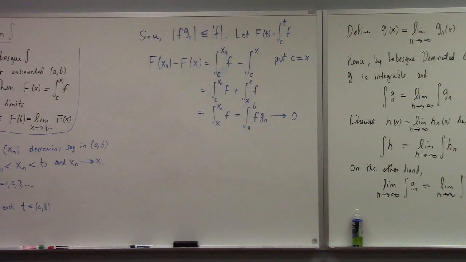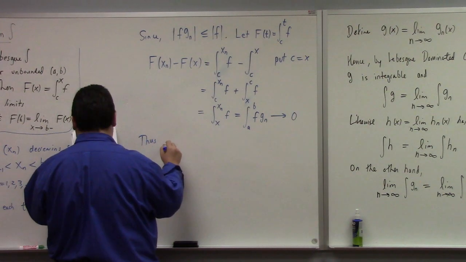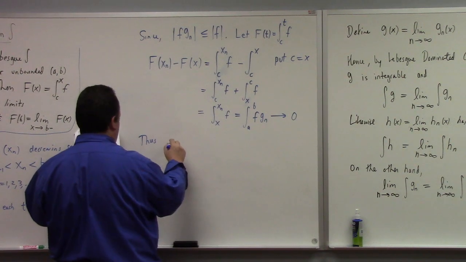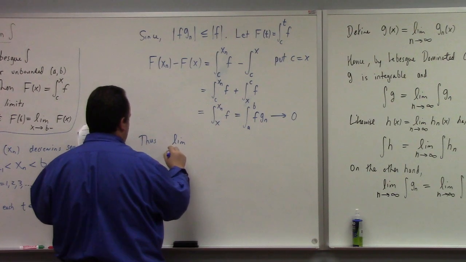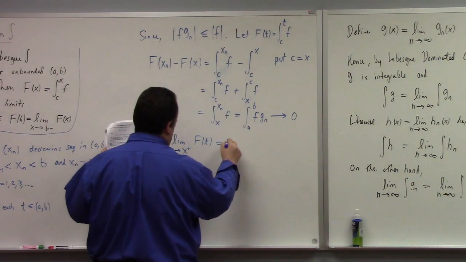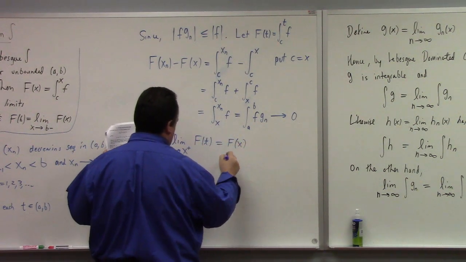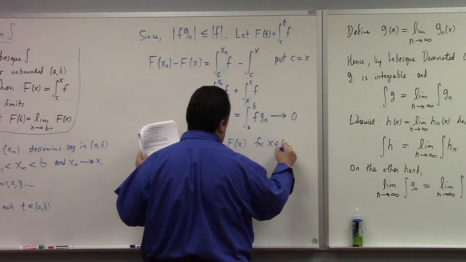So he says, thus, f is right-hand continuous at x in AB. So he's saying the limit as t goes to x from the right of f of t is equal to f of x for each x in AB.